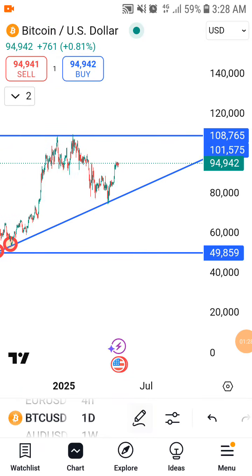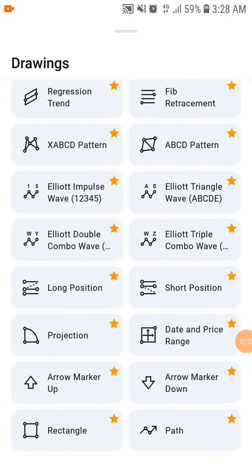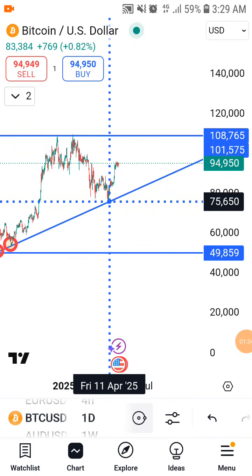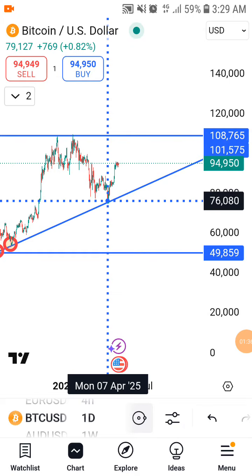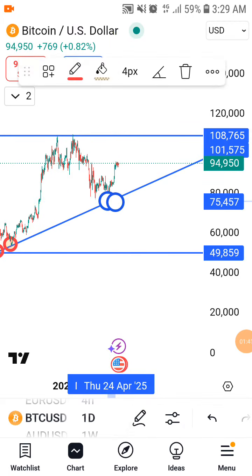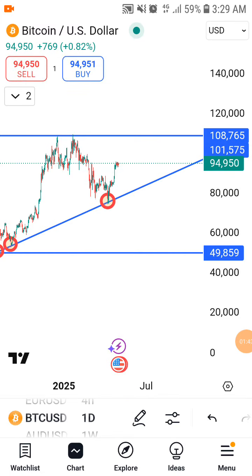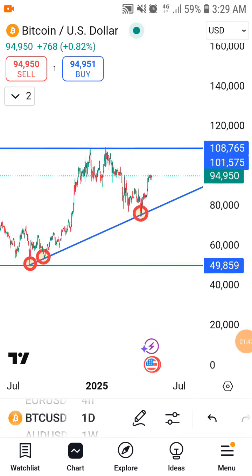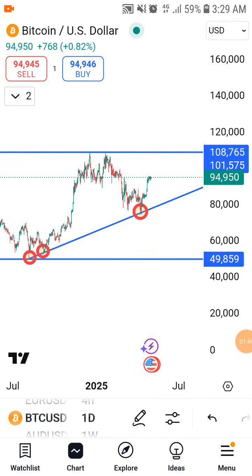Then we have touch number 3. Before any other touch on this trend line again, this touch will take off the current high.